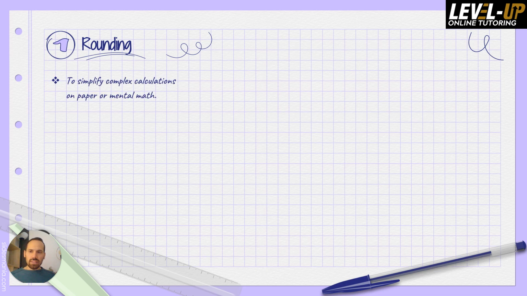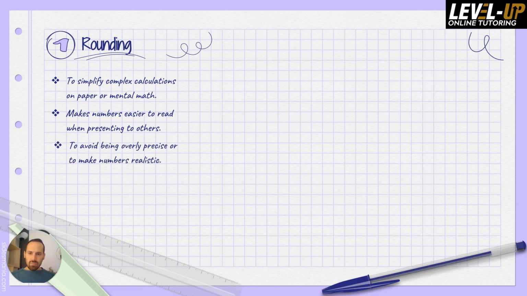So rounding is a way of simplifying. We can use rounding essentially to simplify complex calculations. Whether it be on paper or mental math, it makes numbers easier to read. If we're presenting some numbers that we've calculated, rather than having to say many decimal places, we can make it shorter, so it's easier to see and understand and compare with other numbers, and avoid being overly precise.